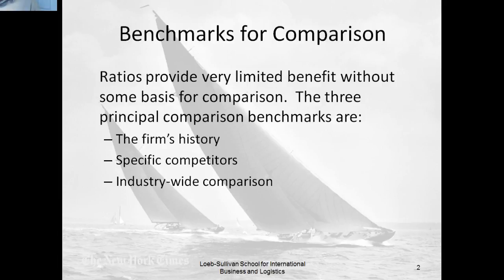And finally, we might want to use an industry-wide number. Those are a little bit harder to obtain, but most industries have some kind of a benchmarking process that allows you to get a compendium of the entire industry so you can compare yourself to the average.